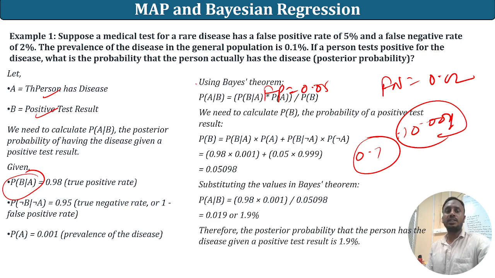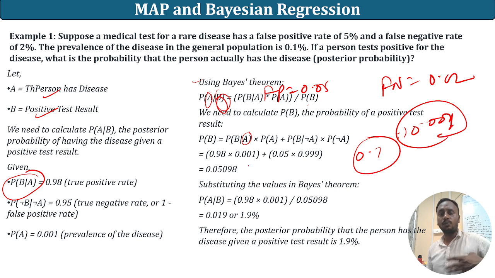Now using the Bayes theorem, the probability of A when B is given is the probability of B given A into P(A) by P(B). For P(B), the probability of the positive test, P(B) is equal to the probability of B given A times the probability of A, plus the probability of B given A not happening times the probability that A does not happen.